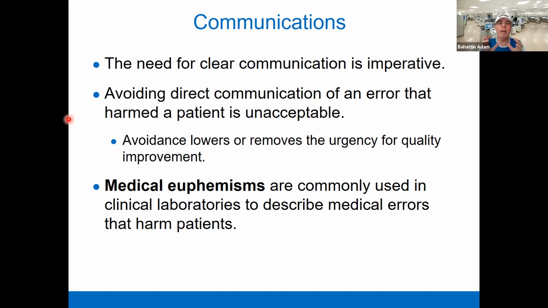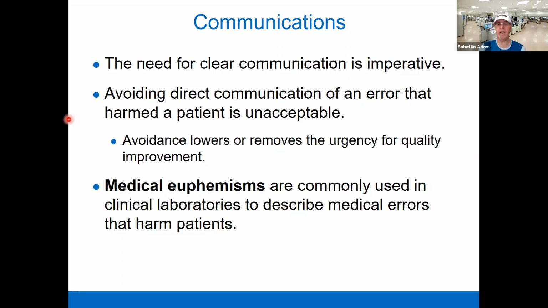Avoiding direct communication of an error that harmed a patient is unacceptable. Another unacceptable behavior that we usually do is medical euphemisms.